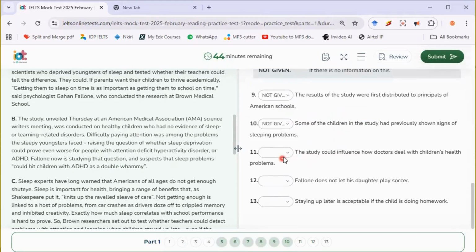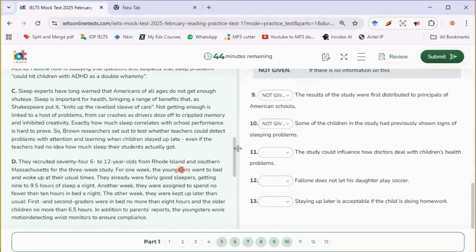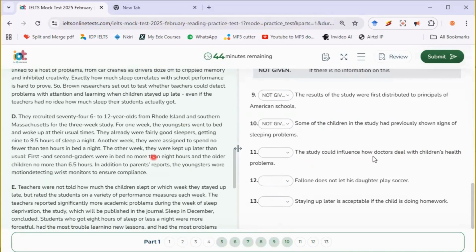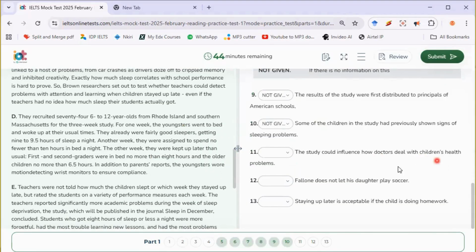Number 11, the study could influence how doctors deal with children's health problems. Okay? Doctors. Let's see doctors. Is there anything like doctors? So I'm looking at this paragraph D. Is there anything like doctors here?